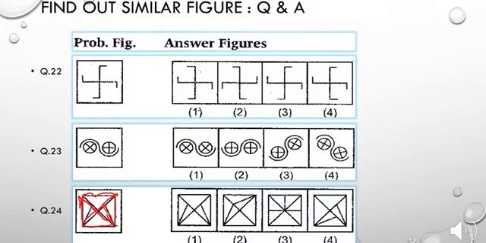So let's check for the outer design. The outer design is available in option 1, option 2, option 3 and option 4.